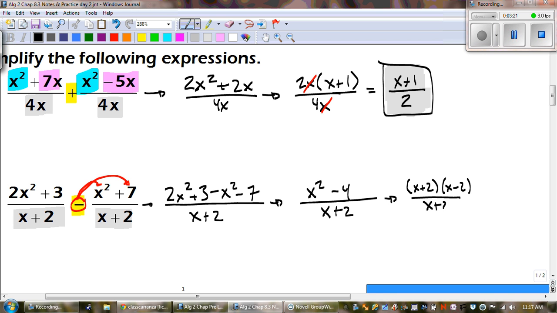And the bottom is x plus 2. The x plus 2's cancel out, right? Sorry, we're using orange. I don't like that. And then our final answer, x minus 2. Since everything on the bottom canceled out, we don't have a denominator anymore.